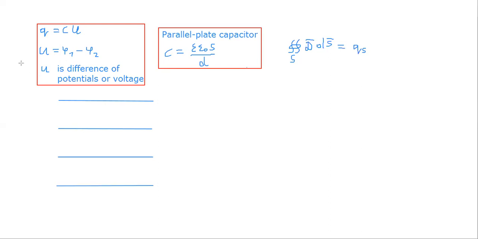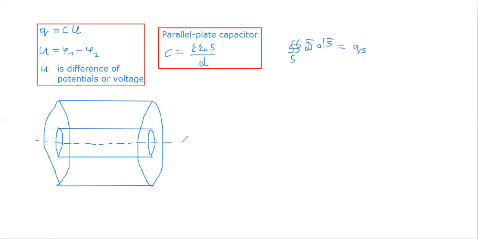Here you can see it from this side. Two conductive cylinders, one inside the other. The axis of symmetry.